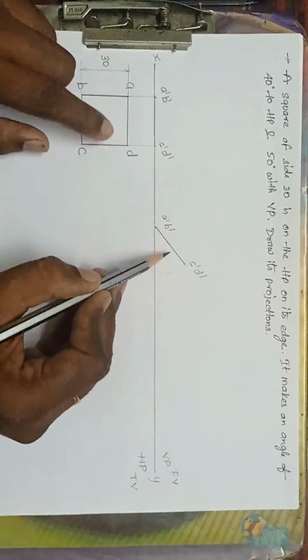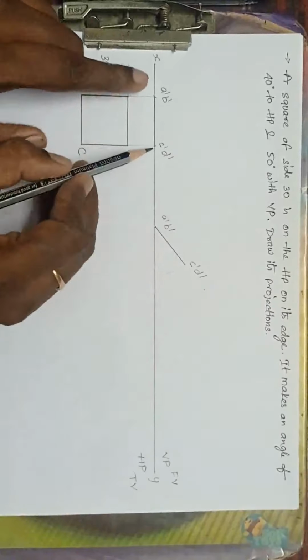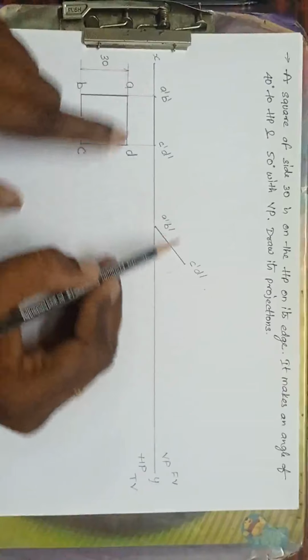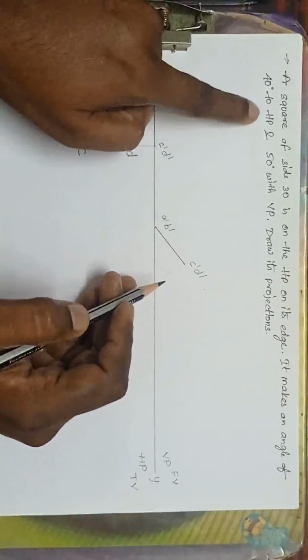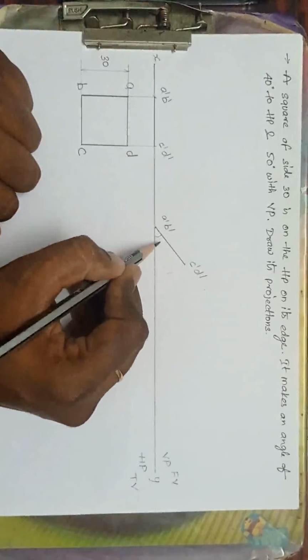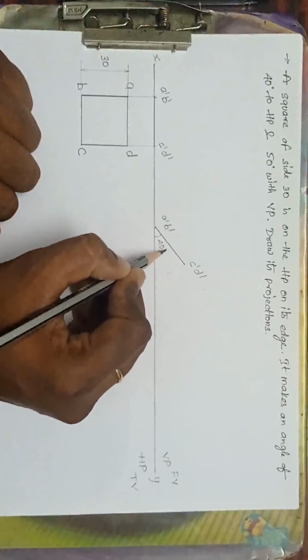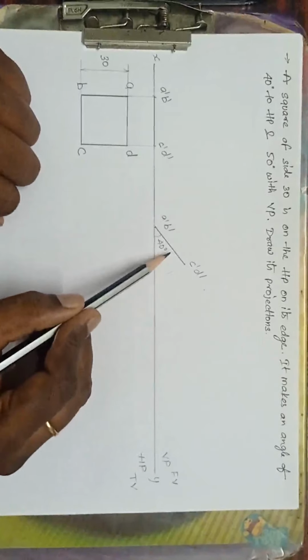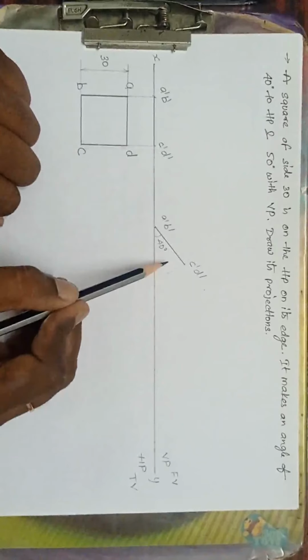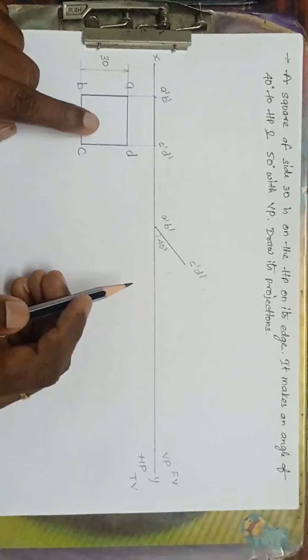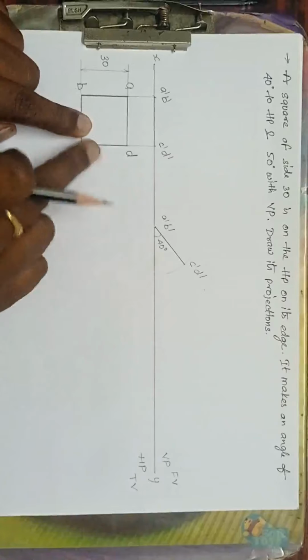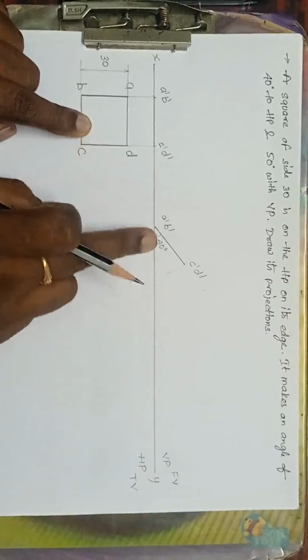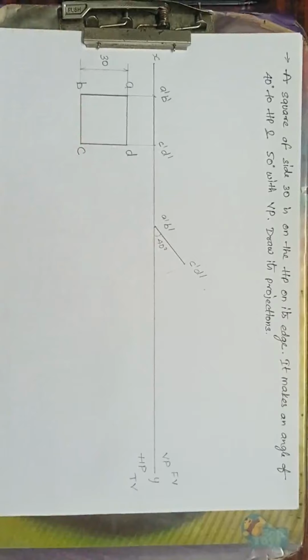Now what I did, from the front view I have drawn this horizontal line at an inclination of 40 degrees with HP. Okay, 40 degrees with HP. Now with the help of this line, the front view of the next stage and the top view of the first stage, I'll merge them. How? I'll show you.